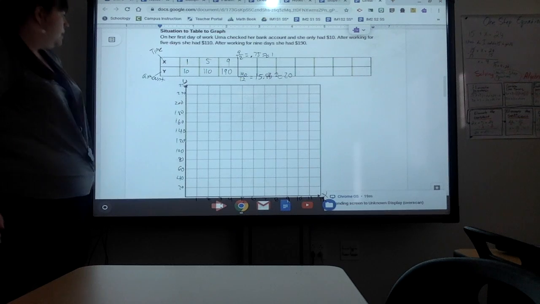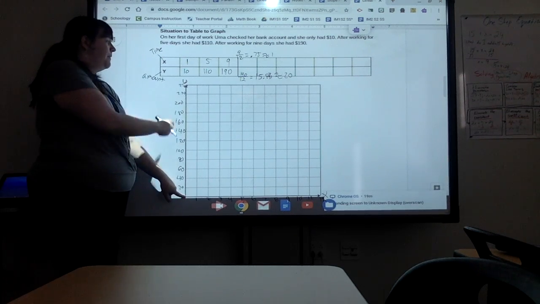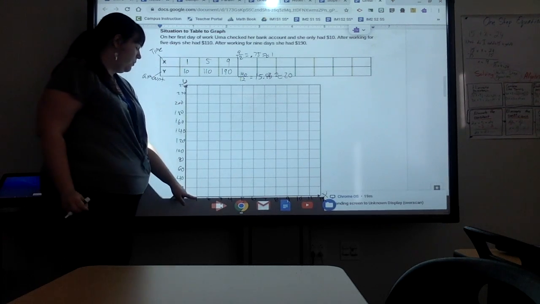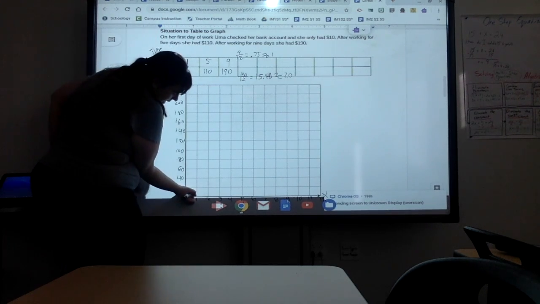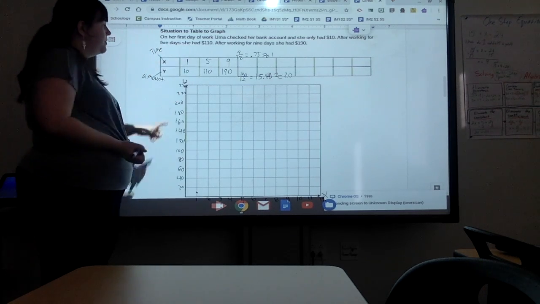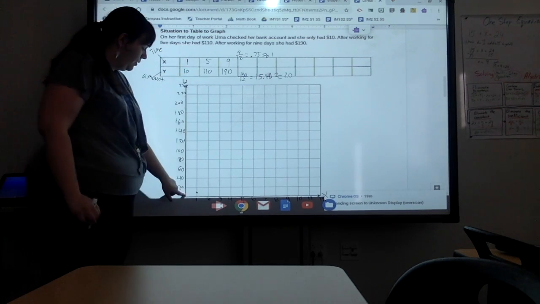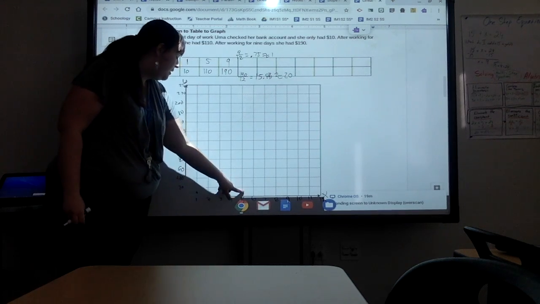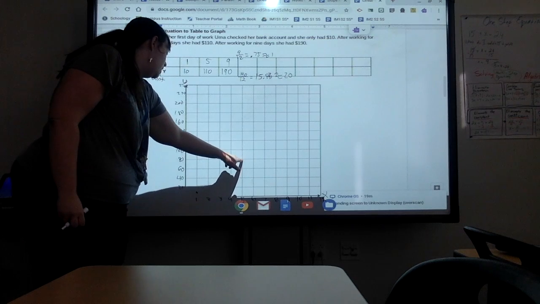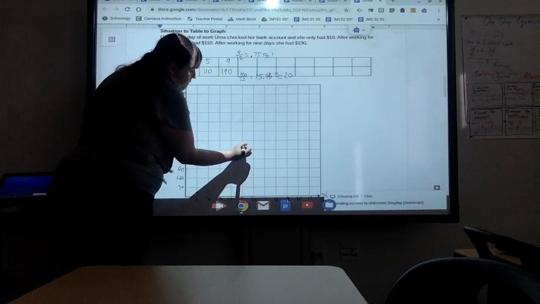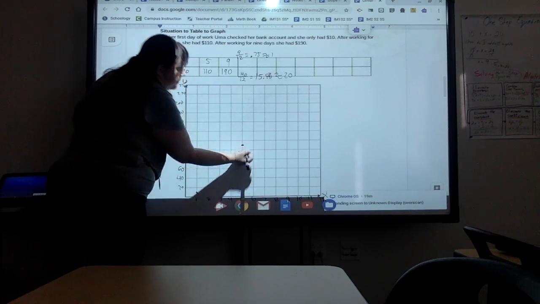So, starting from 0, 0, my first point says x is 1, so that's right 1, and then up 10. My first tick mark is 20, so 10 is about halfway for that. Then my next one says 5, 110, so I'm going to go right 5, and then up 20, 40, 60, 80, 100, and then halfway through that to get 110.